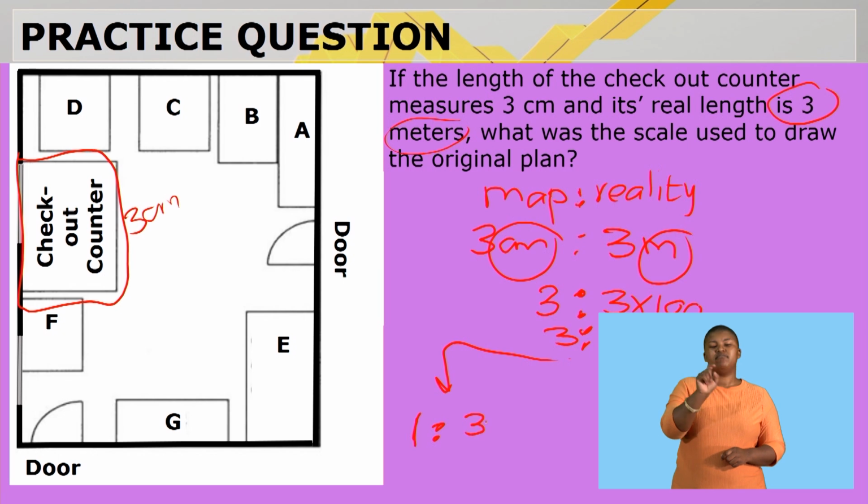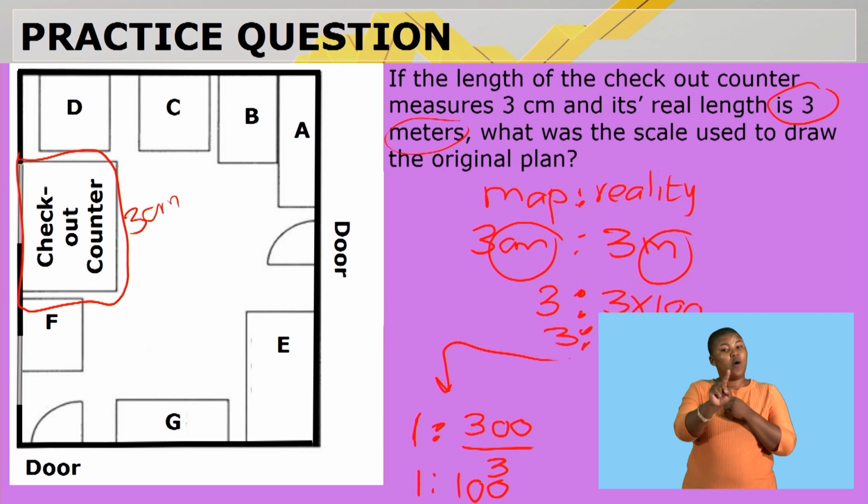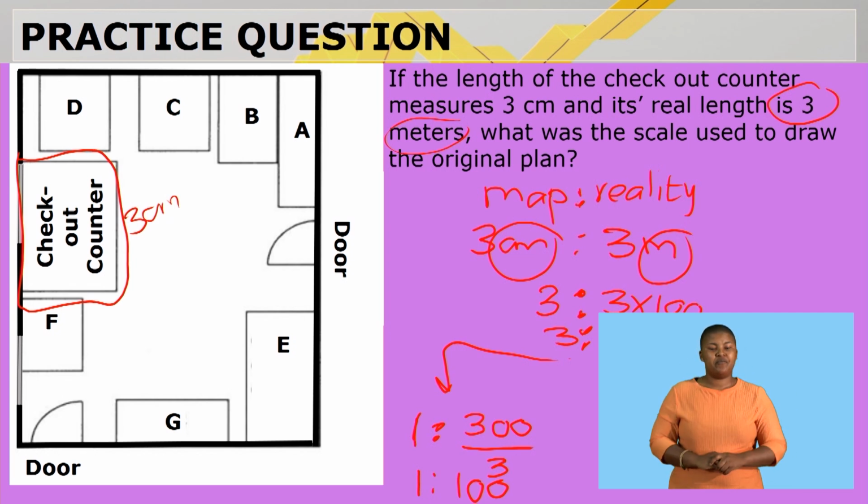So on this part, we need to take the 300 and divide by 3. And if I'm not mistaken, 300 divided by 3 is 100. So the answer is 1 is to 100. So that is the scale that was used.